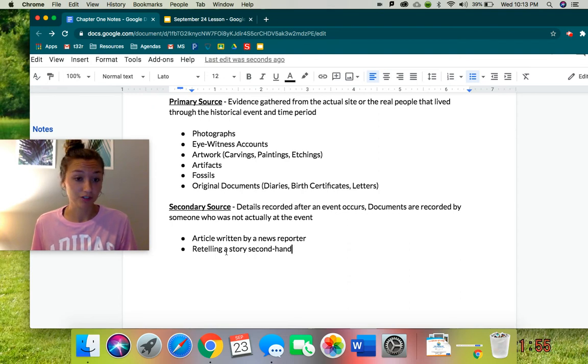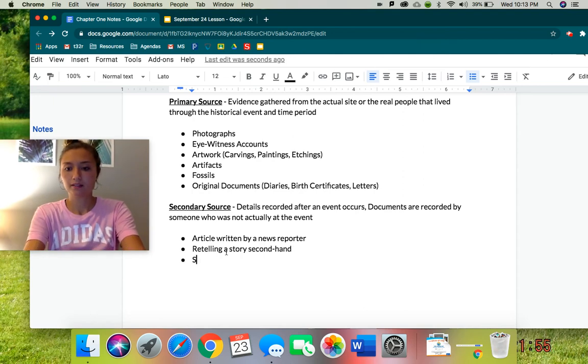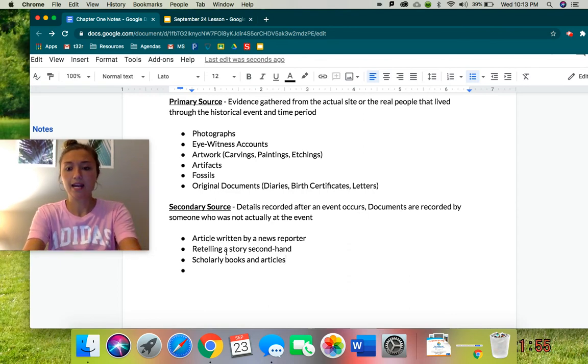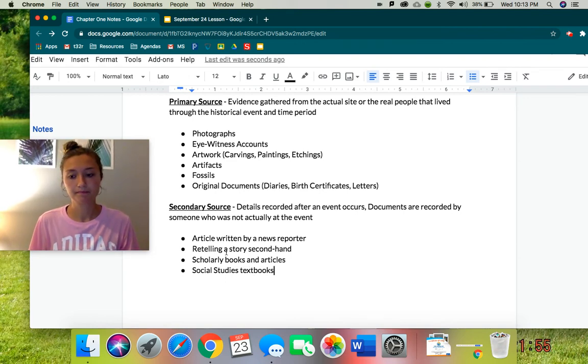And that happens, I'm sure, in middle school all the time. So you understand what that means when someone retells you a story that they heard from someone else. Scholarly books and articles. All right, so that would be the George Washington, His Excellency book example. And then the next example, social studies textbooks.